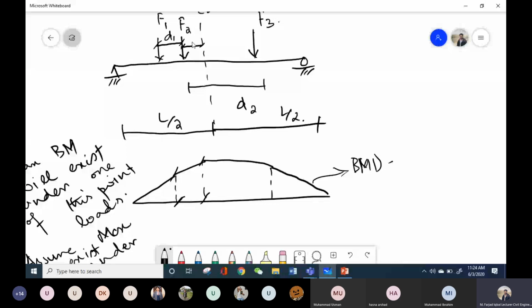Obviously I can place this set of moving loads in different ways. I can place it somewhere over here. But if I keep on doing this, there can be an infinite number of points.